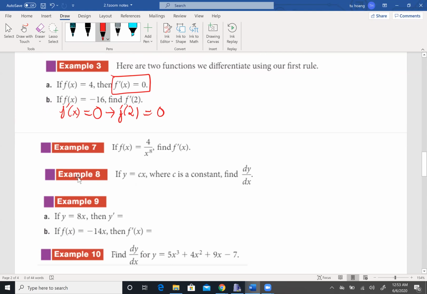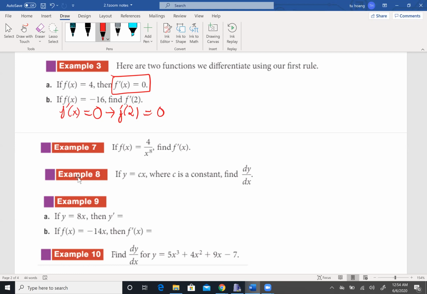Let's move to example 7 here. I have f(x) equal to 4 over x to the power 8. In this problem, maybe you will say, oh, x to the power 8 is now a denominator of a fraction, so how can I apply the simple power rule? You may not, if you don't know how to change this fraction form to power form, to exponent form.